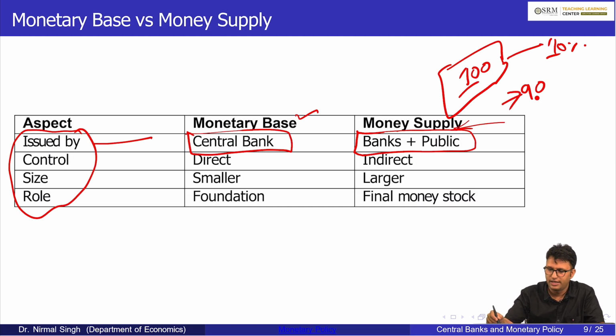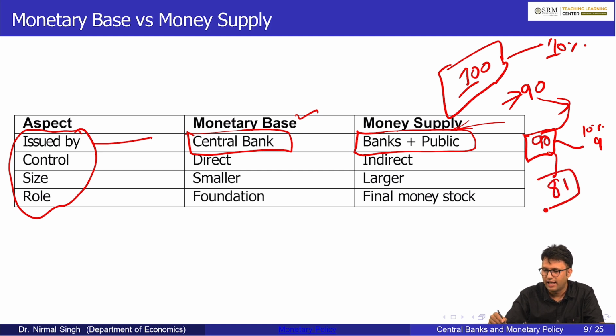Now this 90 has gone to somebody, say somebody took the loan, but ultimately that money is going to get into the banking system itself. So that 90 is there in the banking system. Now the banks will once again give out this 90 rupees by keeping a certain amount as reserve, say 10%, so 9 rupees they will keep, and again they will give 81 as a loan. So initially there were only 100 rupees, but this process keeps on going, and we end up with more money in the economy from the same amount.